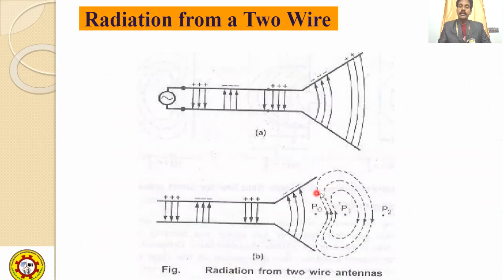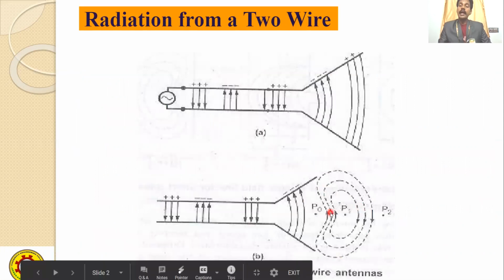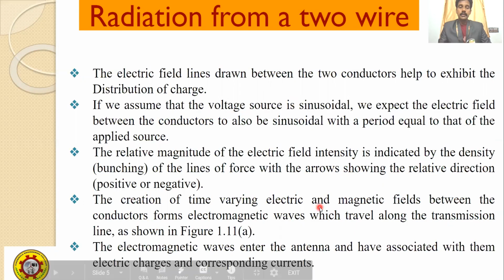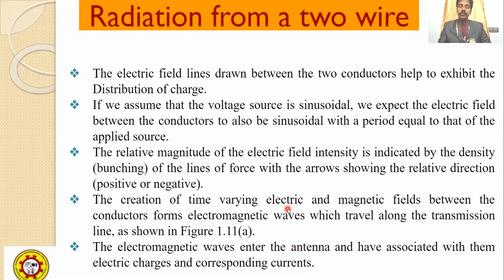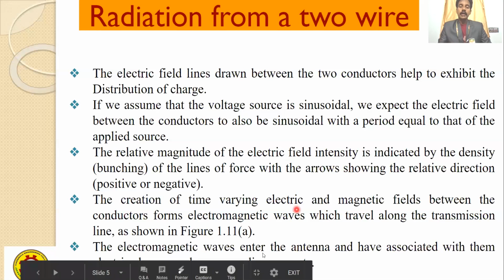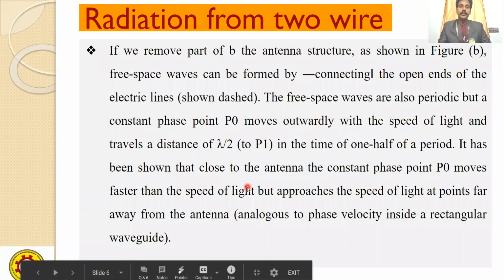This figure is equivalent to the detaching of these electromagnetic lines. This creation of time varying magnetic and electrical fields between two conductors automatically forms an EM wave that travels along the transmission line. This electromagnetic wave enters the antenna, with its associated electrical field and corresponding charge carriers.